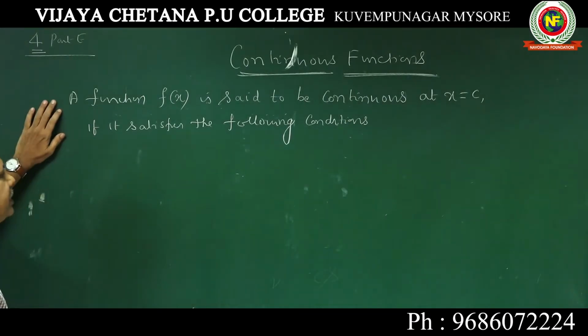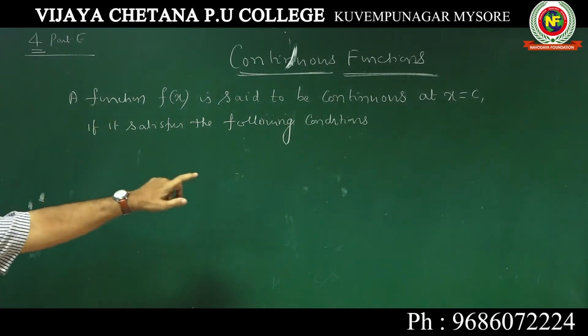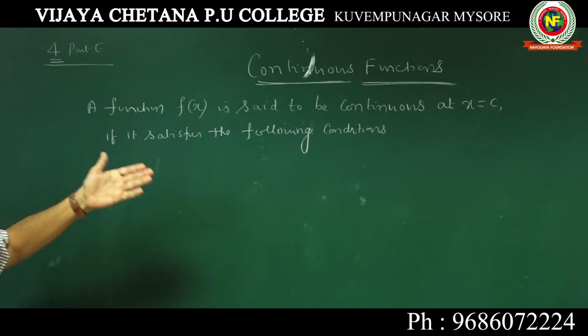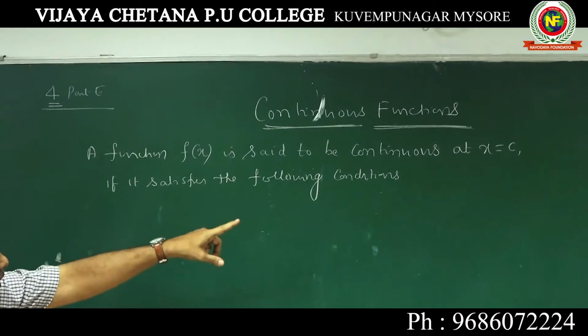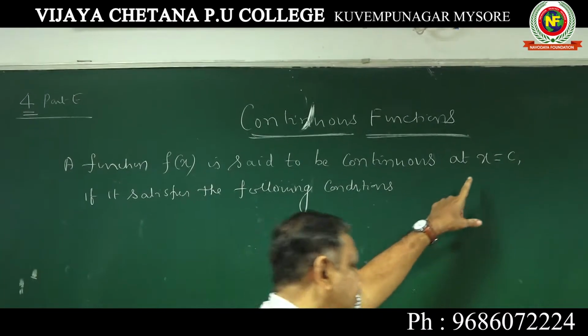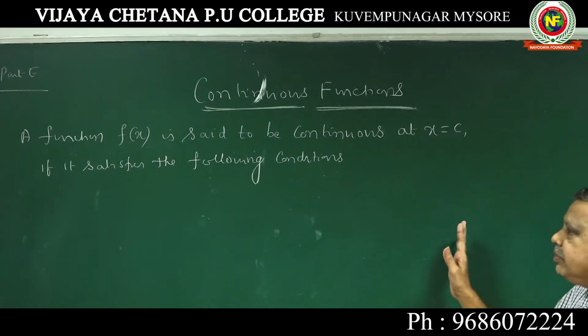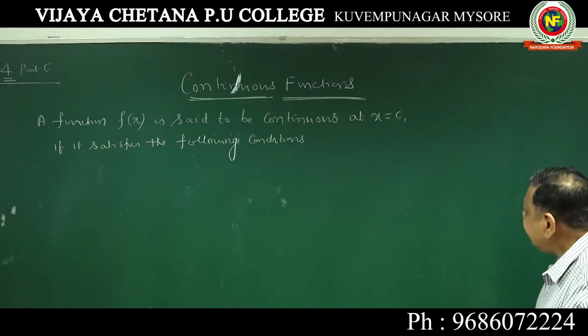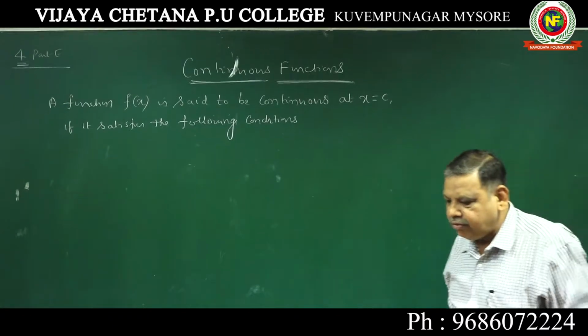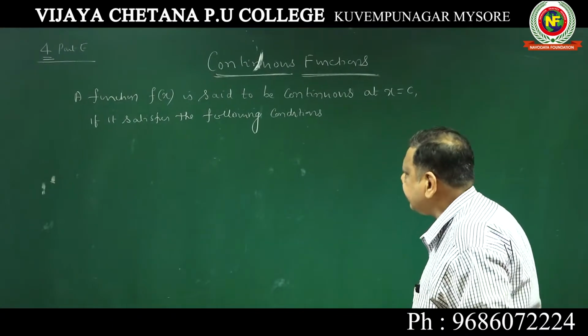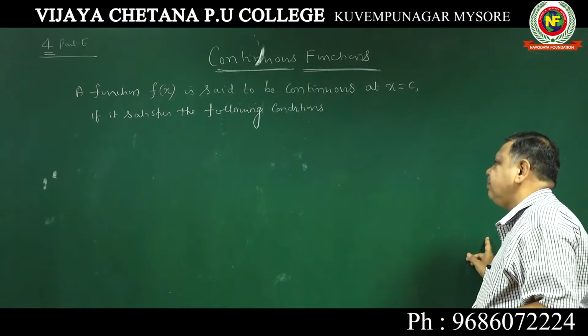I'll read again. A function f(x) is said to be continuous at x equal to c. That is a point. It is called point of continuity. See, some teachers teach by graphical method, of course that is not there for you. Putting graph, line, geometrical interpretation is not there for you.